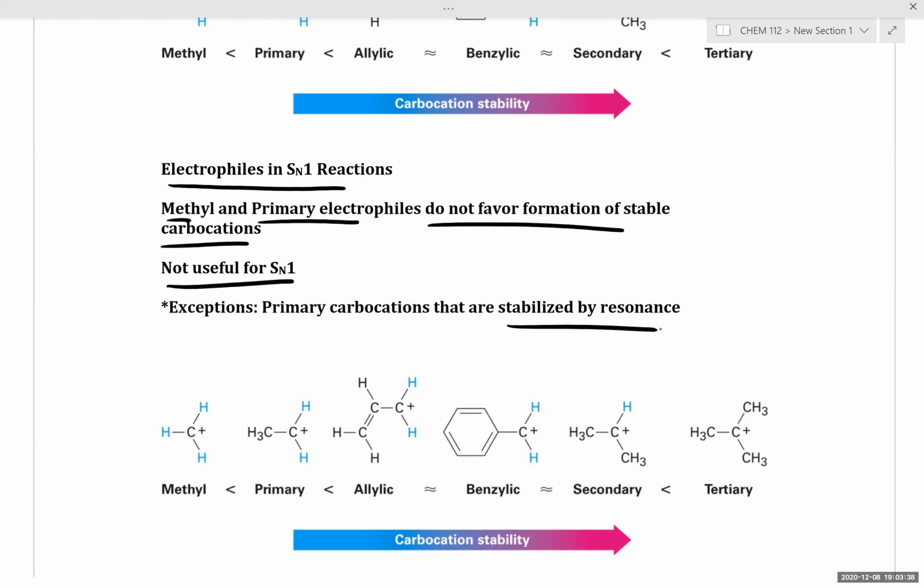So just like the SN2 reaction, you don't see an SN2 reaction with a tertiary substrate. You will functionally never see an SN1 reaction with a primary substrate that's not allylic, benzylic, or resonance stabilized in some manner. Does that make sense to everyone?